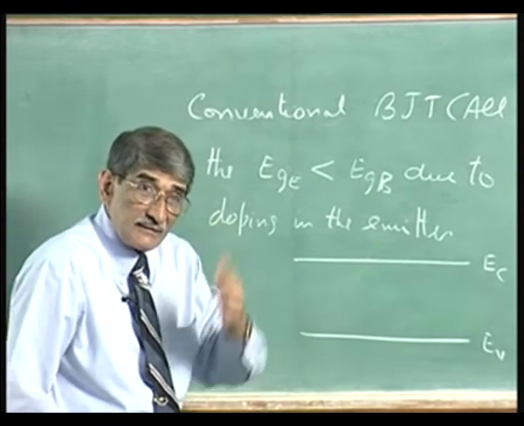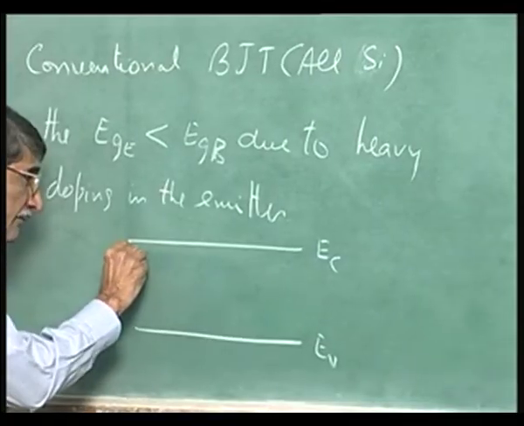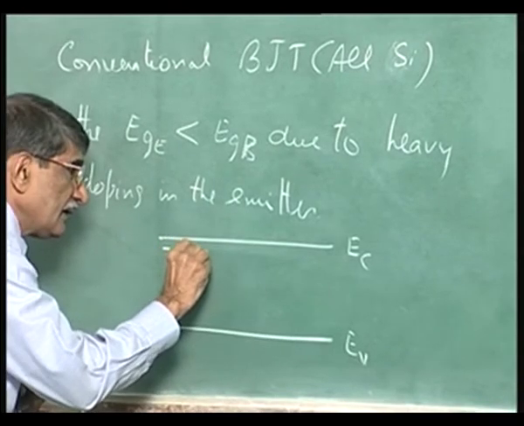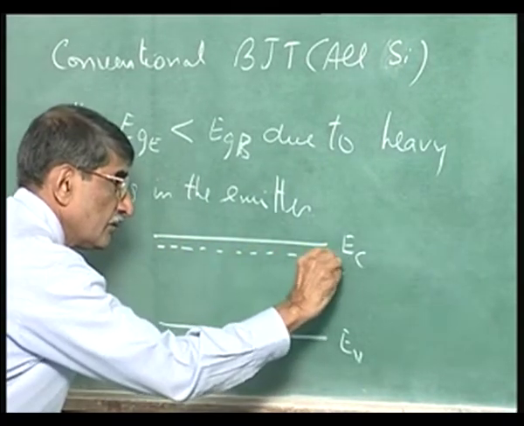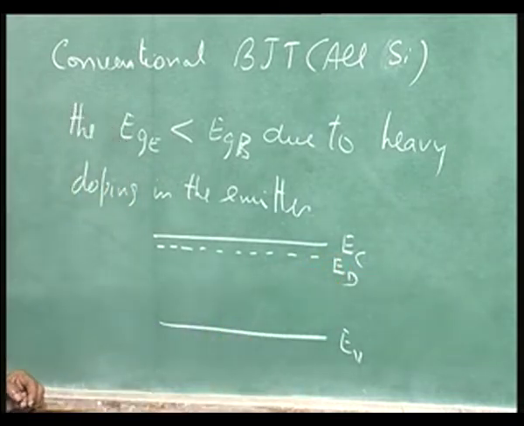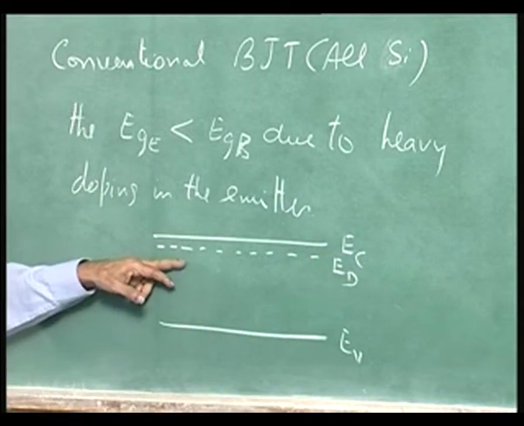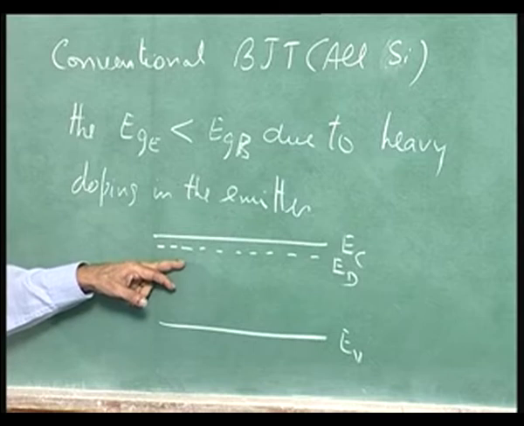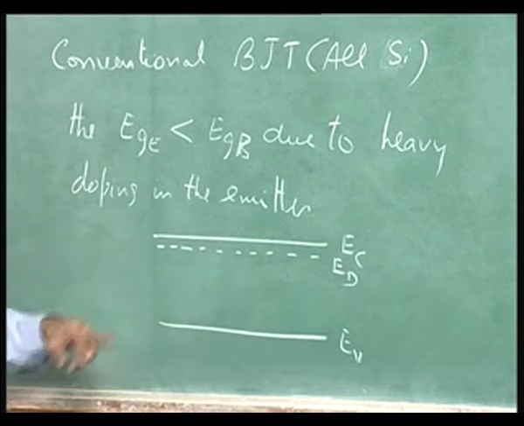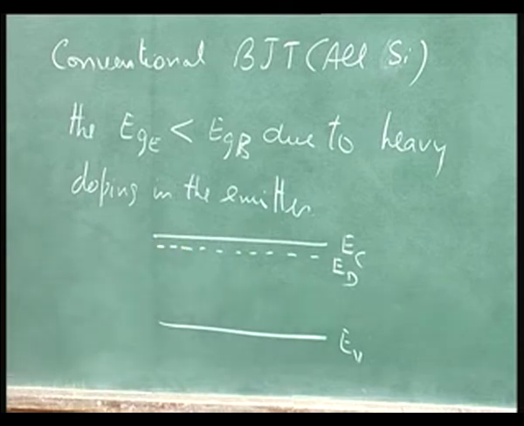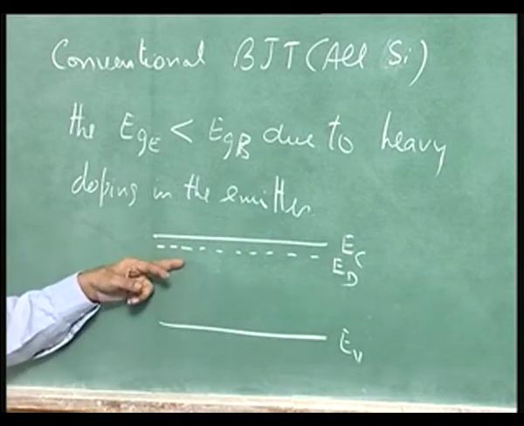The reason is this: if you have a material which is rather lightly doped, you represent the donor level like this. You do not represent it as a continuous level. You represent it by dotted lines like this. It does not imply negative.